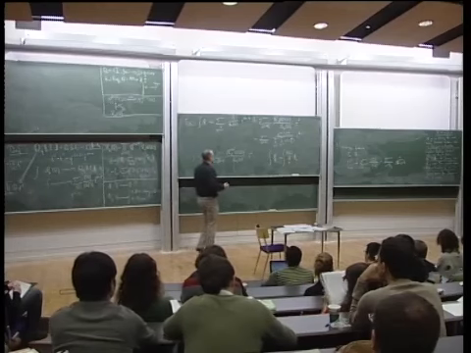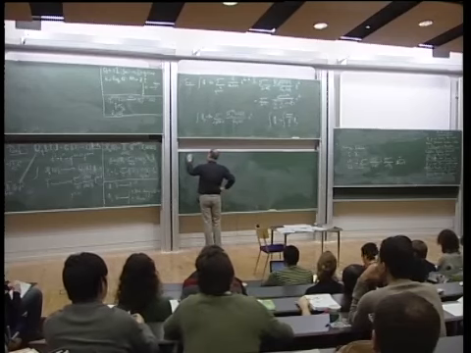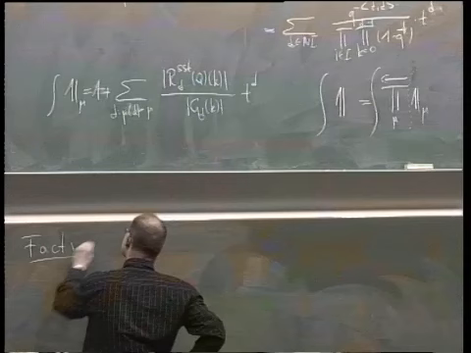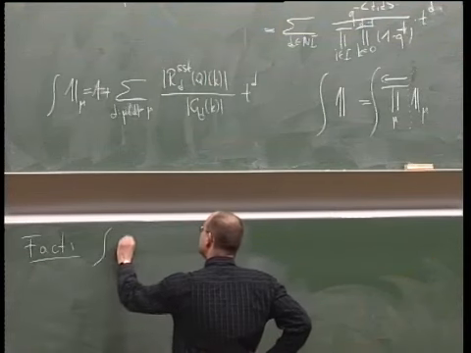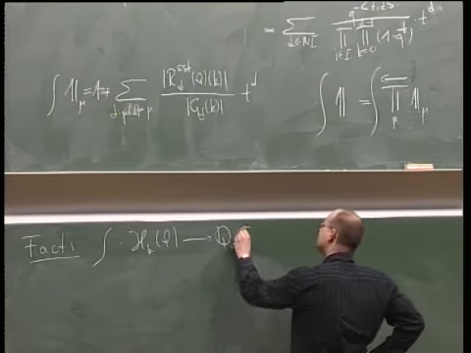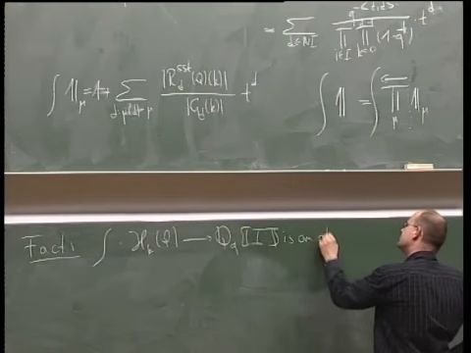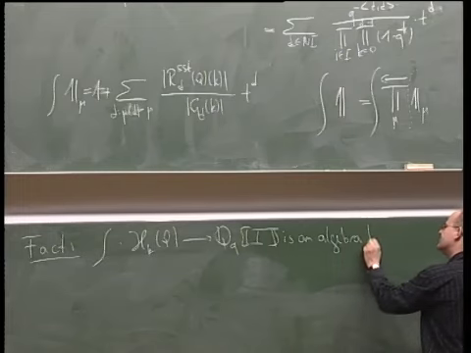Okay. So let me prove the key fact: this integral from the Hall algebra to this twisted formal power series ring is an algebra homomorphism. So it commutes with multiplication.